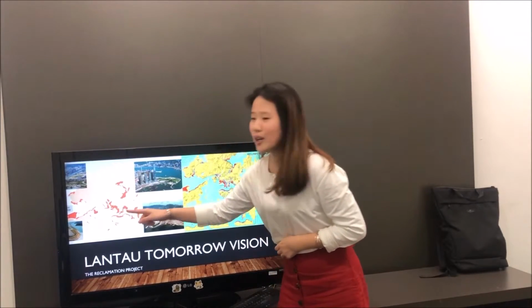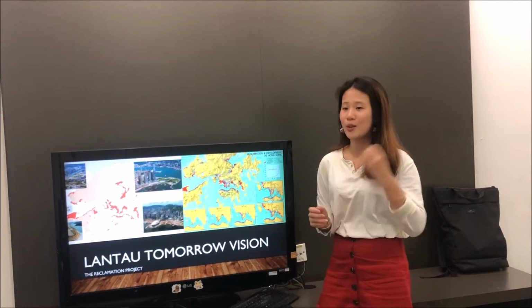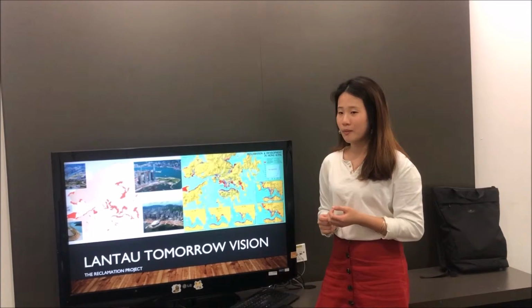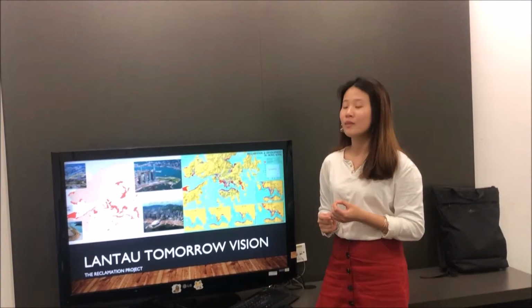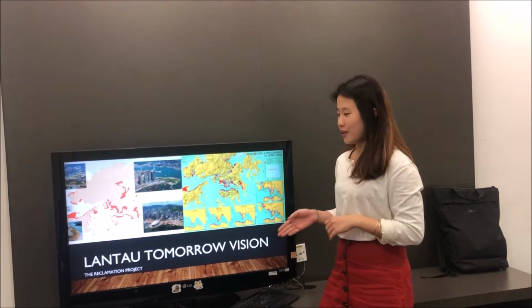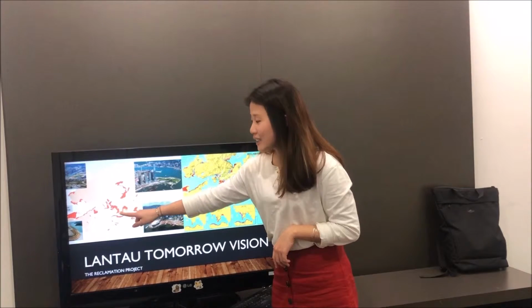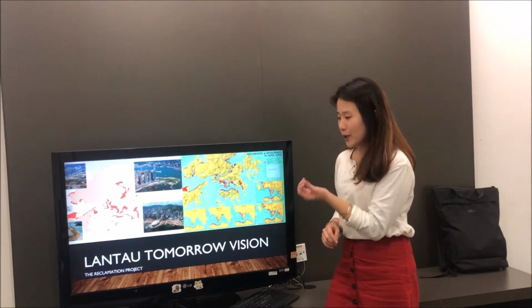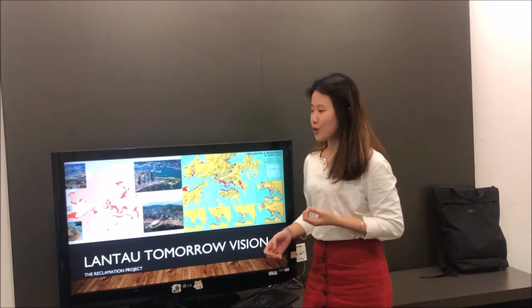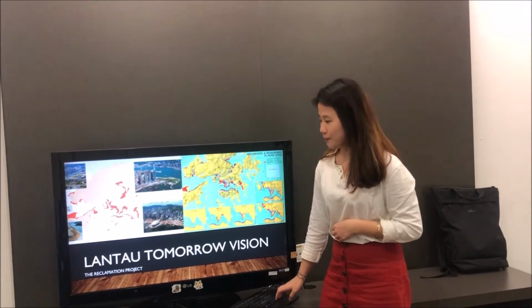Do you know what is the purpose of Lantau Tomorrow Vision? Jack, can you guess? To make more land for development. Yes, similar. Lantau Tomorrow Vision is to build some new islands and a transport network there in order to provide more housing to the Hong Kong people.